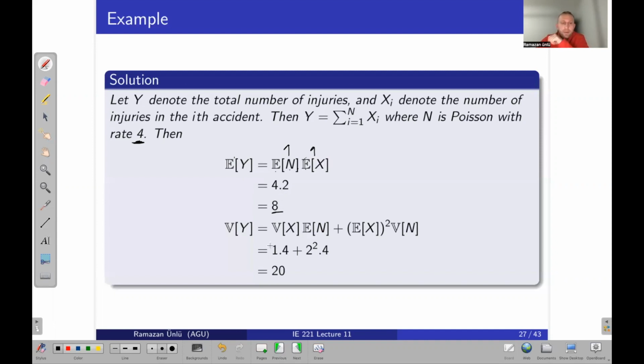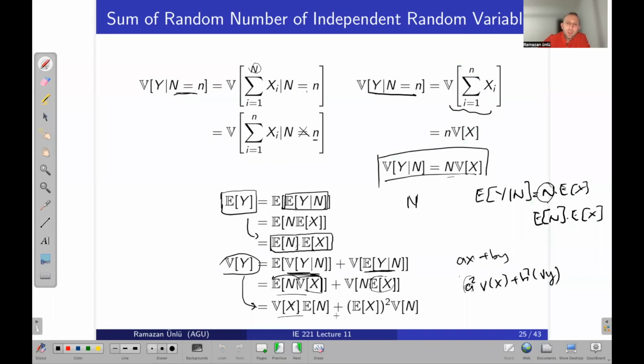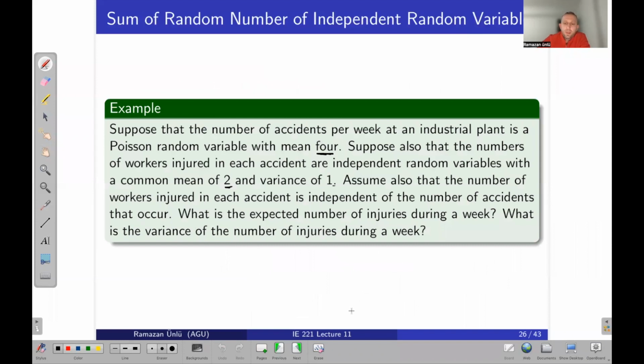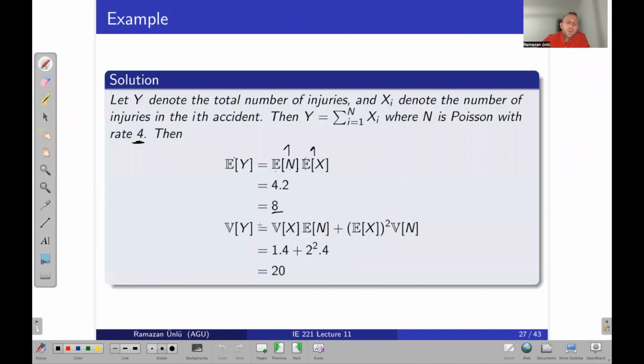So what about the variance? The variance of Y. Again, we can use the formulation we just found. The variance of Y is equal to the variance of X times the expected value of N, plus the expected value of X squared times the variance of N. The variance of X is given in the question, that is 1. The expected value of N is also given, that is 4. The expected value of X is also given, which is 2, so 2 squared.